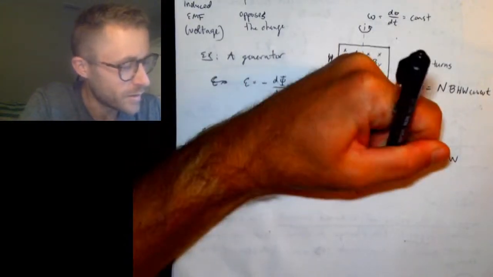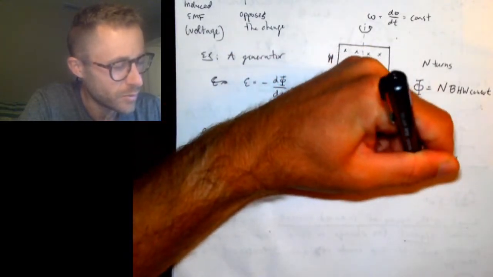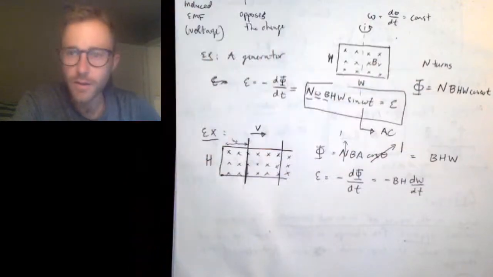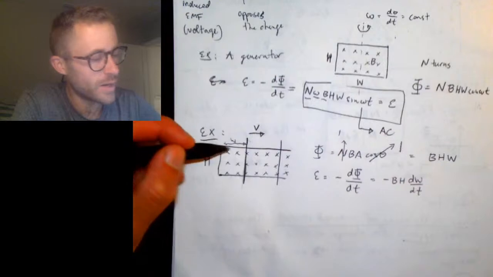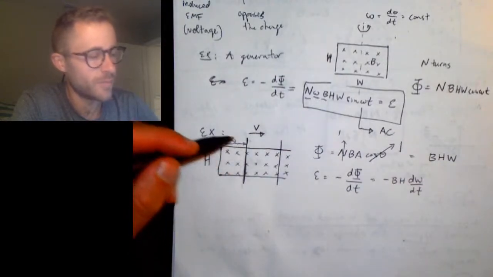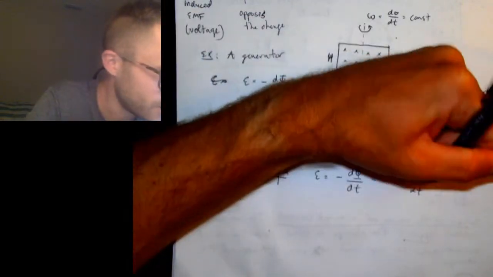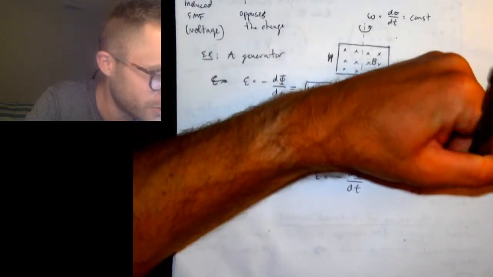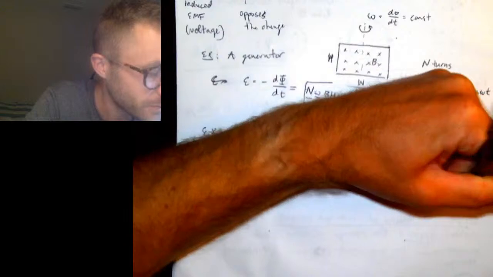So when we take the derivative, we get minus BH dW/dt. And dW/dt is the rate at which the bar is moving, which is its velocity. So we get minus BHV. That is the induced voltage.